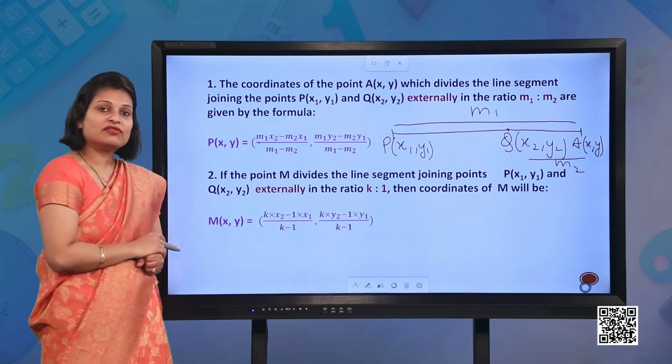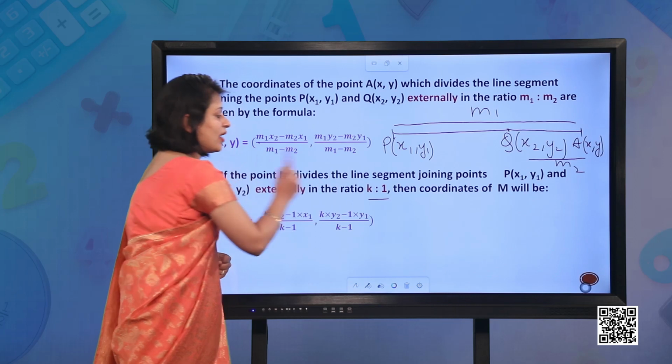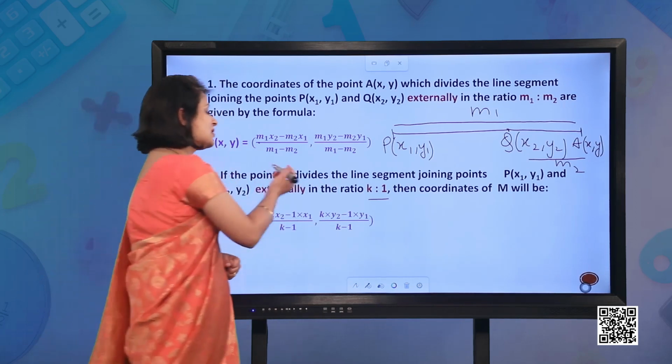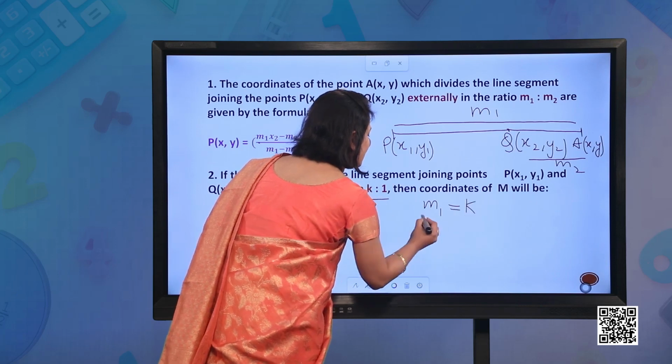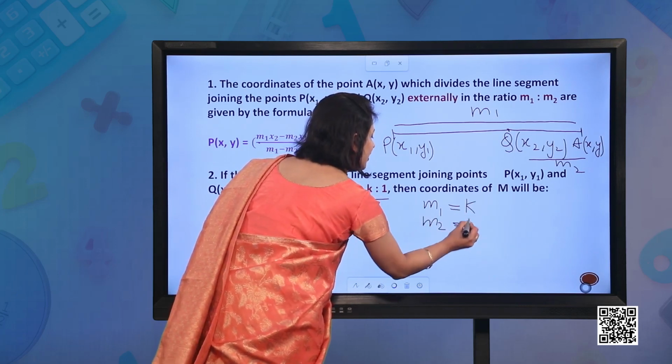Now, what will happen if the ratio becomes k is to 1? You have to simply replace m1 by k and m2 by 1.